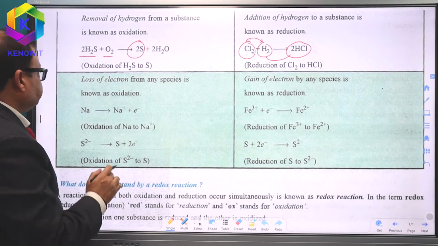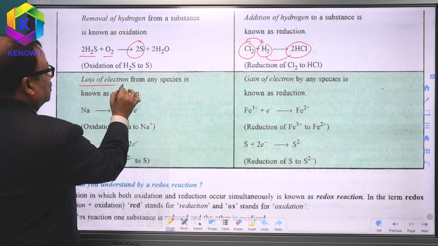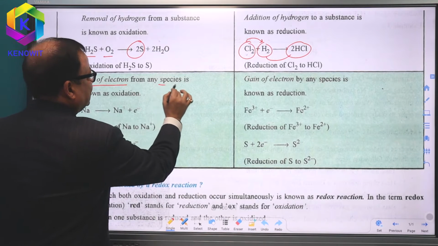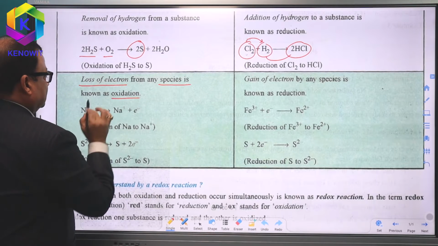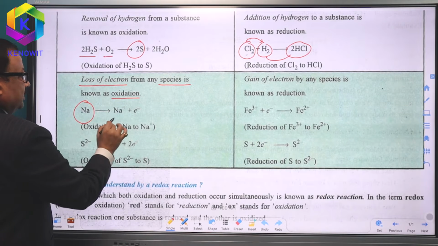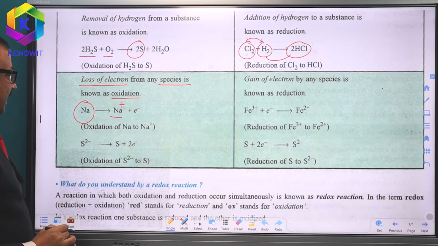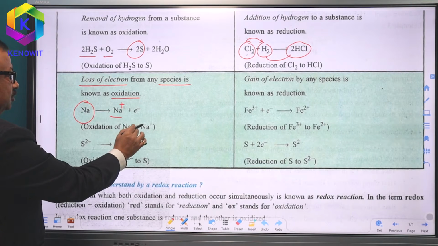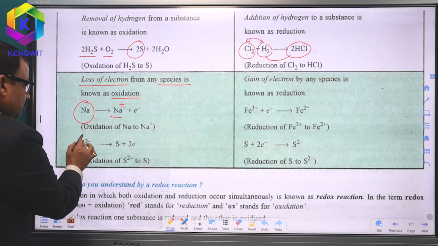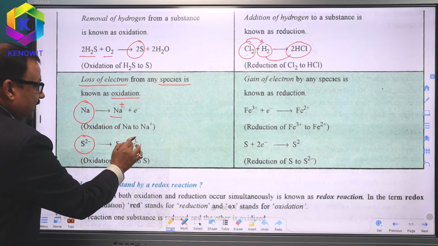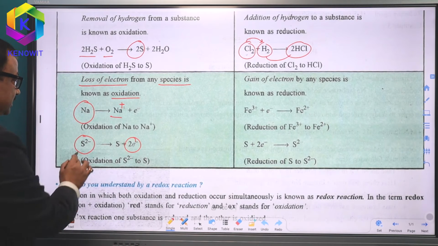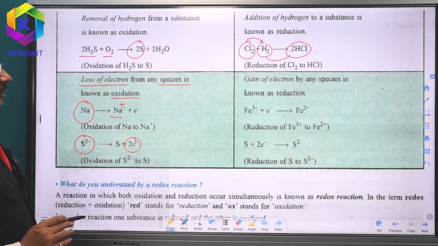For example, loss of electron from any species is known as oxidation. Like sodium loses an electron and becomes sodium plus, an electropositive ion, so oxidation of sodium to sodium plus. Sulfur 2 minus loses 2 electrons and becomes sulfur. So in this case, oxidation of sulfide ion to sulfur.